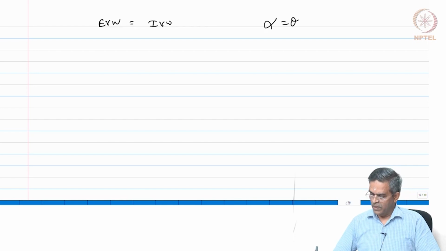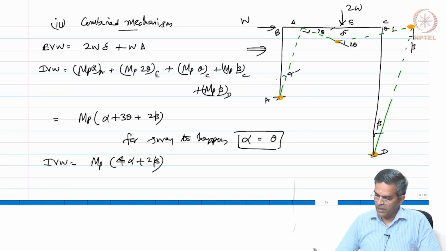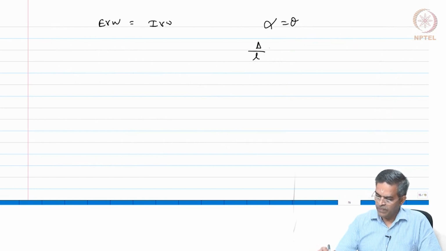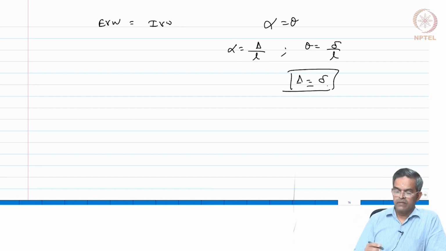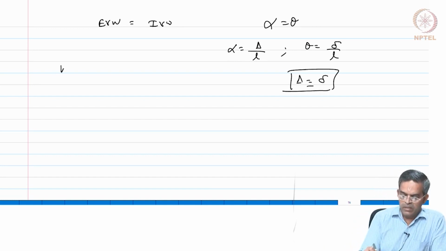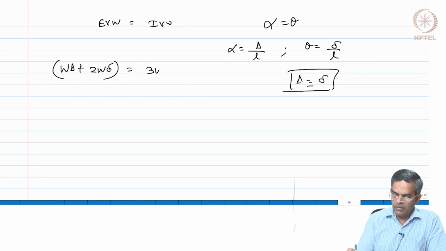Alpha is delta by L, because this is L, whereas theta is also delta by L, is it not? So, I can say these two are identical, am I right? So, the external virtual work is W delta plus 2W delta, which can be written as 3W delta, that is external virtual work.